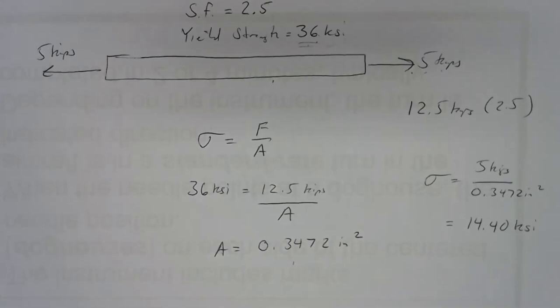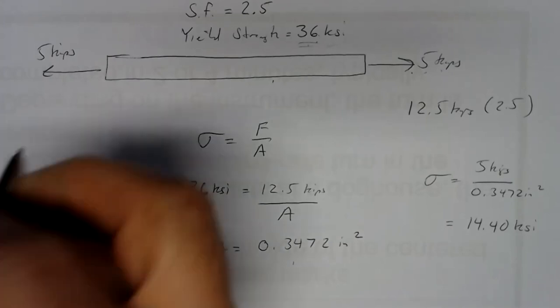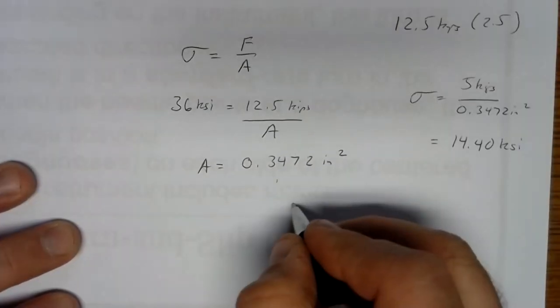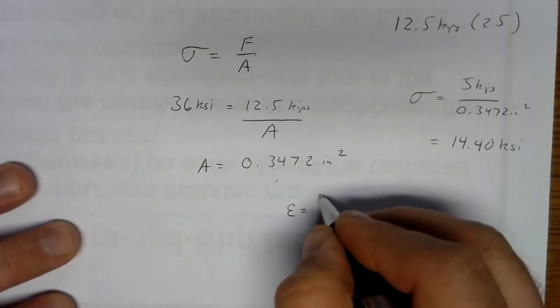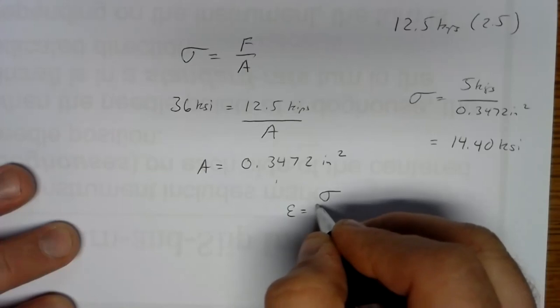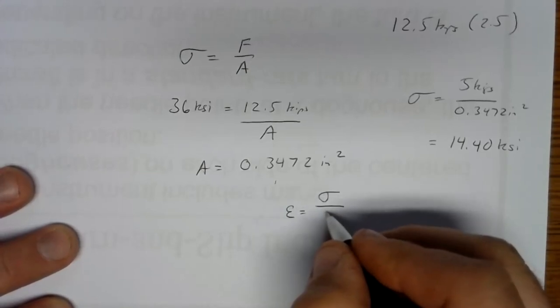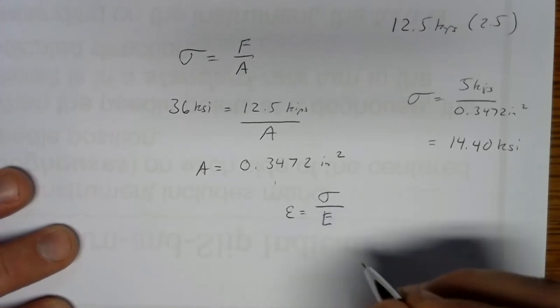Now we could check our stretch here, how much strain we've got. For that, we'd need to know something about the length. But for steel, we've got a pretty rigid material. We've got 30,000 KSI. So our strain would be our stress divided by the Young's modulus.